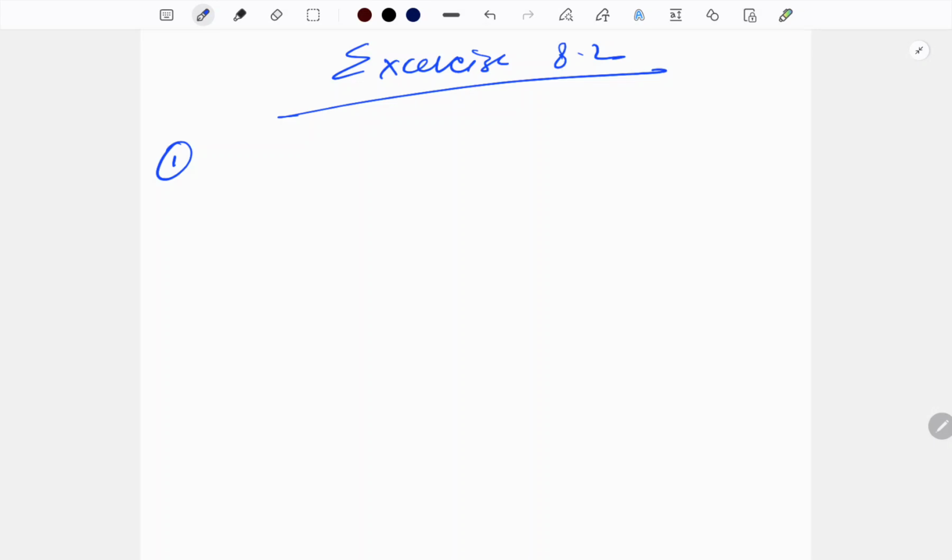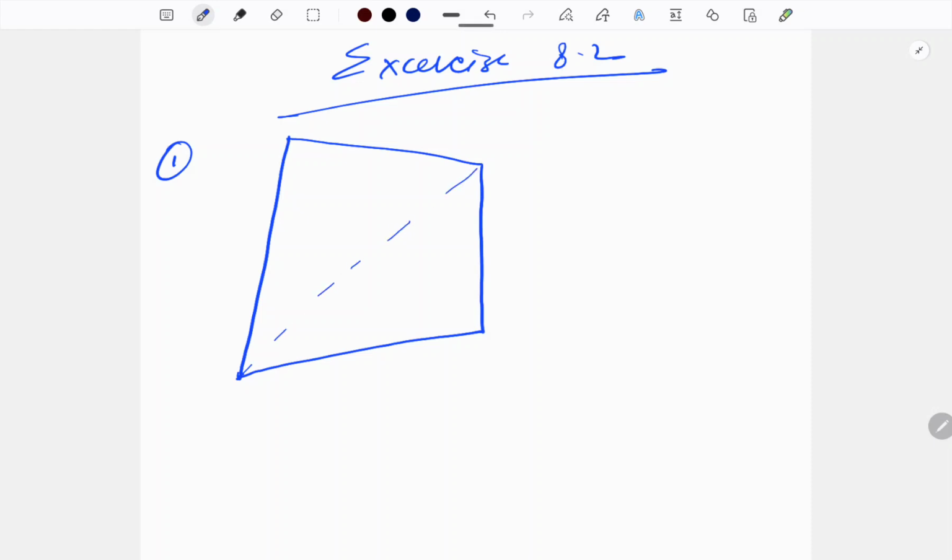Question number 1, here a figure is given like this. ABCD is a quadrilateral.